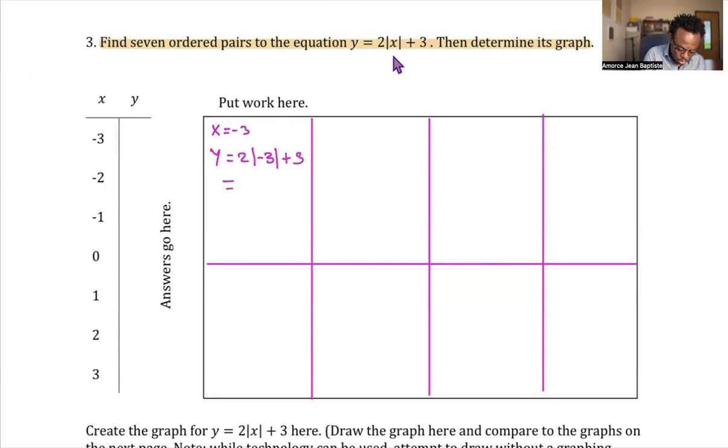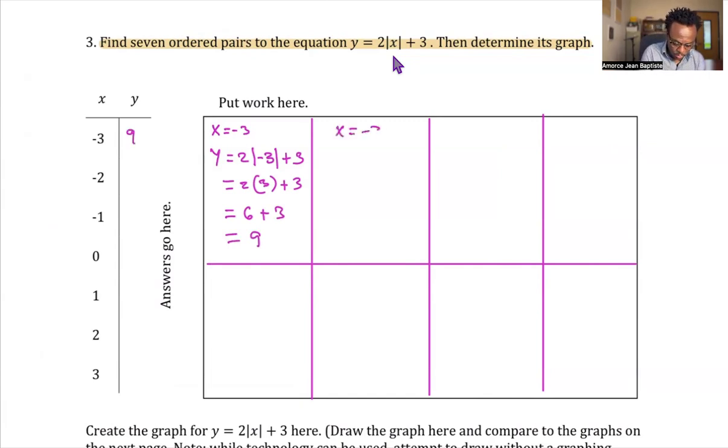The absolute value of any number is positive. If the number is negative, it's going to be its opposite. If the number is positive, it's going to be the same number. So the absolute value of -3 is the opposite of -3, which is 3. So that's 2 times 3 plus 3, equals 6 plus 3, equals 9. So x equals -3, y equals 9.